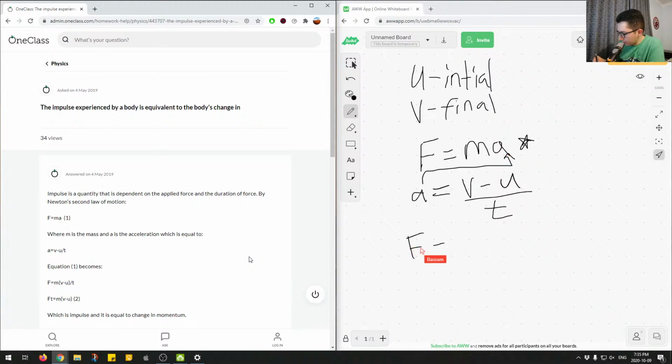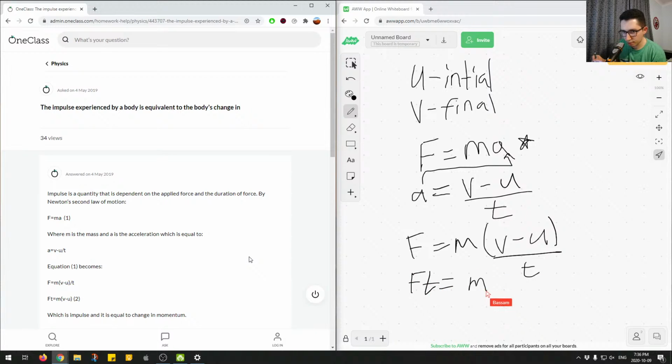So F equals m(v minus u) over t, and this derivation will help us explain what the impulse experienced by a body is equivalent to the body's change in. Going on, we can multiply both sides by t, so F t equals m, and we can expand out the brackets, mv minus mu. We'll clear some space up top.